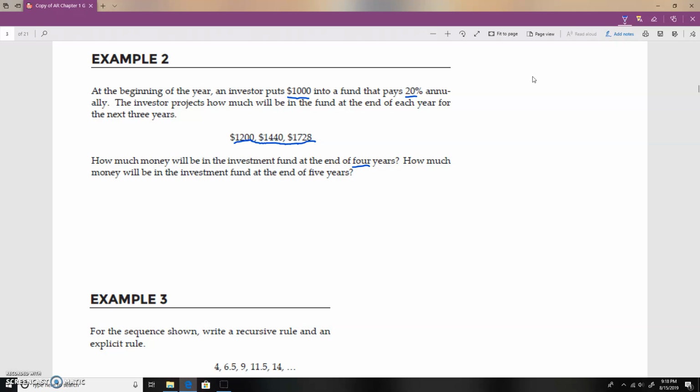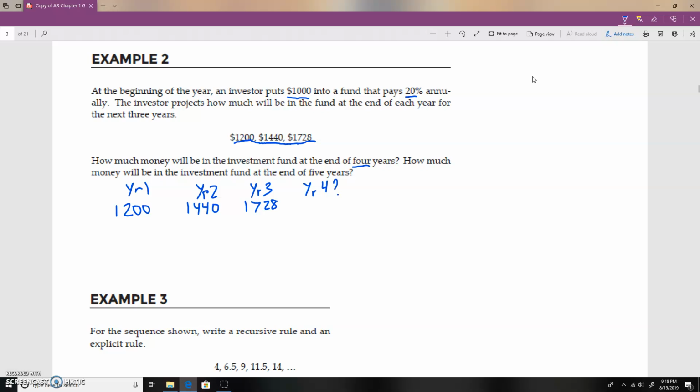So, in year 1, he has $1,200. Year 2, he has $1,440. In year 3, he has $1,728. So we're looking at how much money he will have in year 4.